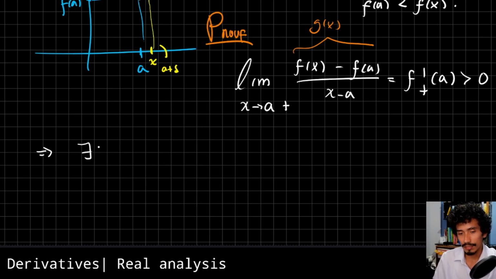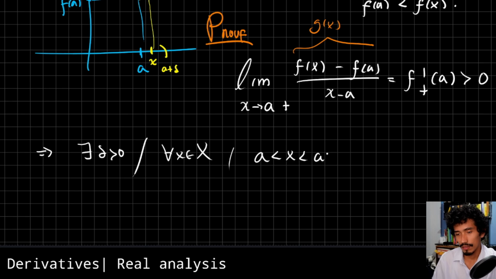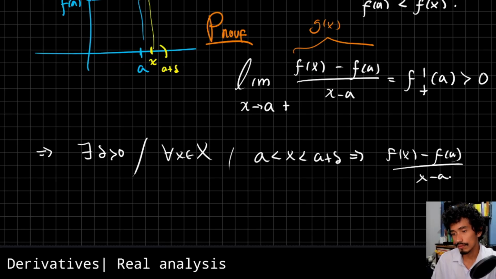So then this means that there exists some neighborhood to the right of a, such that for every x in the domain, and since x is always bigger than a, because x tends to a from the right, this term here is negative.